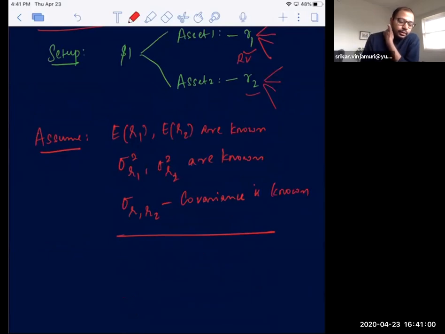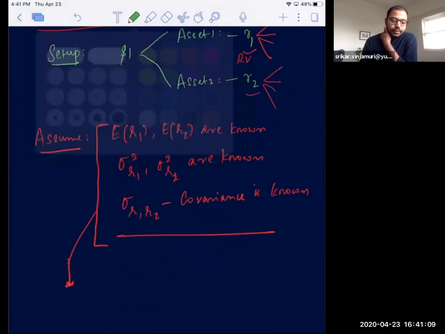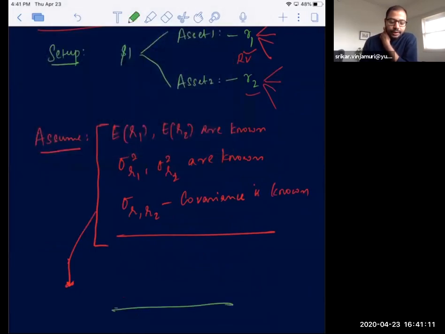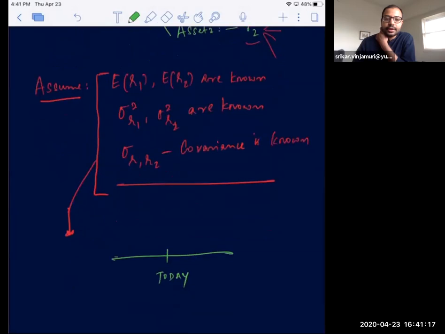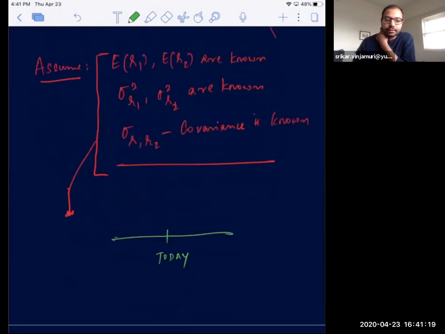So in a certain sense, this assumption is foundational, because if you think about what the timeline looks like, this is you today trying to make an investment decision. You're sitting here today trying to make an investment decision. If you think about how information is distributed, all the information is here. The only way you can get information is by looking at history, at the historical data.